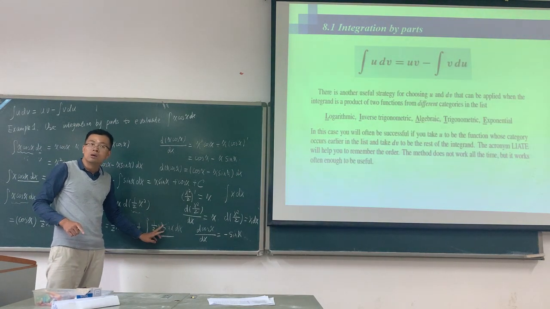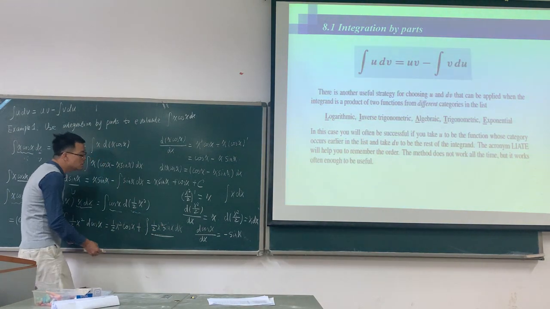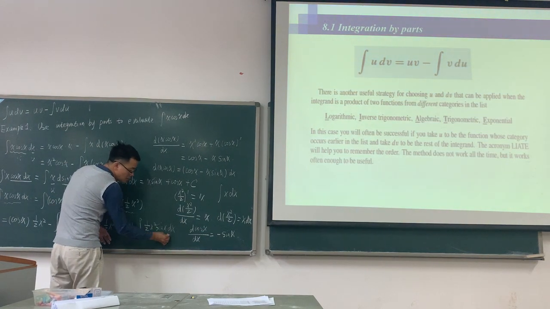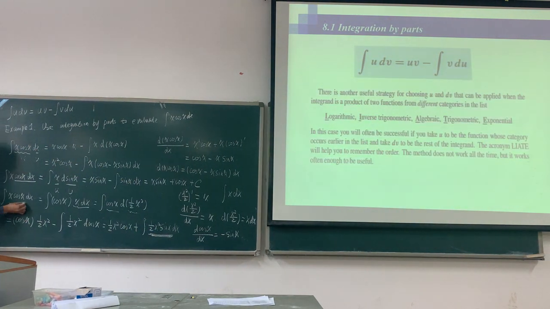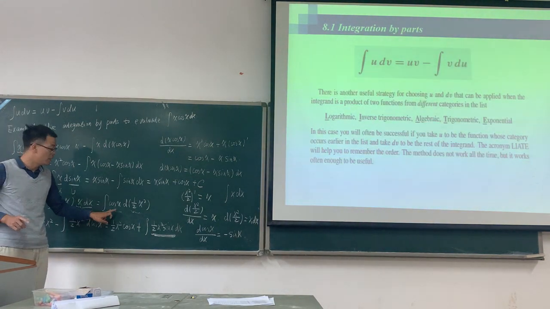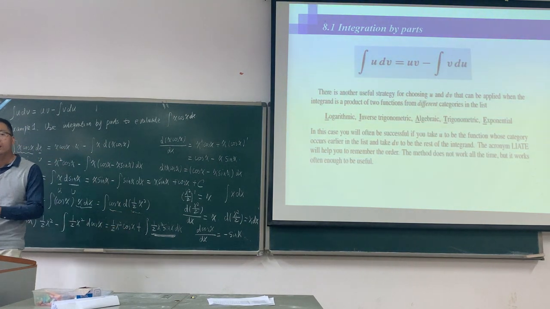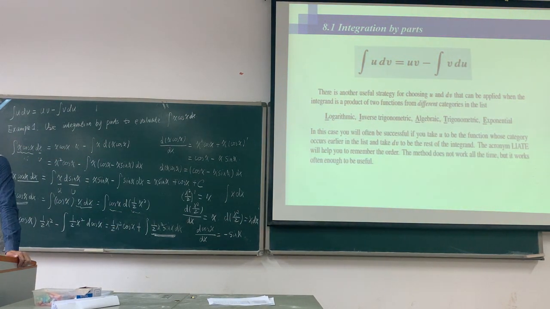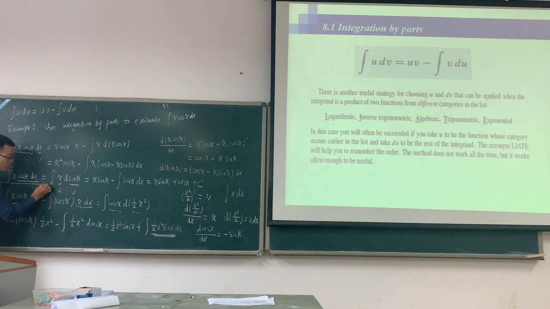So this is complex and this is simple, and we transformed simple into complex. So letting u equal to cosine x, v equal to 1/2 x squared is not a good choice. The first one is the right choice.